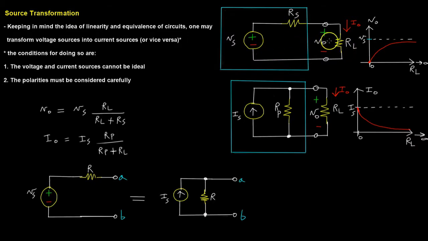What you would expect is that if you start with a short circuit at the output, you would start with 0 volts, of course, and you can look at the equation here with the voltage divider, and you can see if RL is equal to 0, you get 0 volts at the output. As you increase RL, if you take it to infinity, you would get, at the limit, a 1/1 ratio, and so at an open circuit for RL, you would get Vs, and that makes sense because you would have no current flow with an open circuit at the output, and therefore there's no voltage drop at RS.